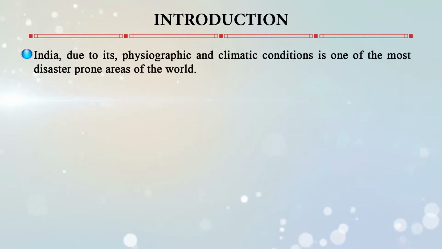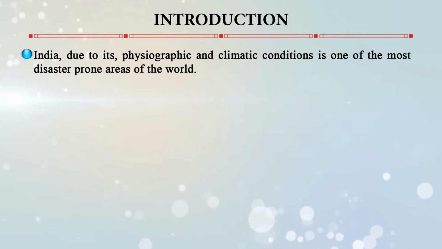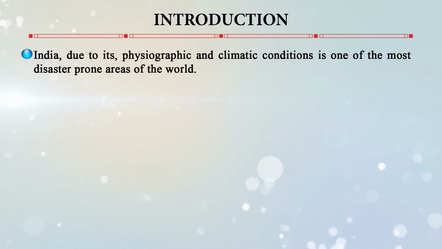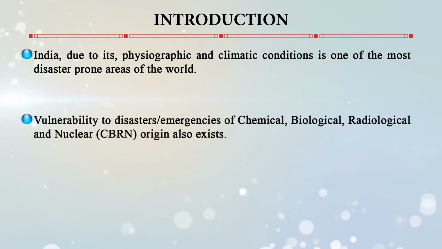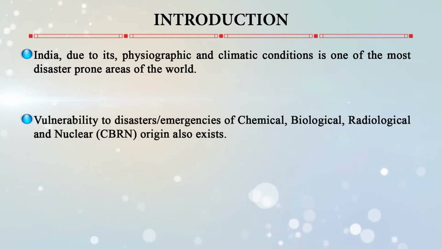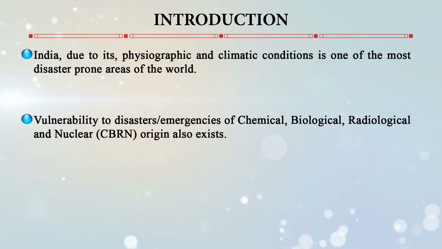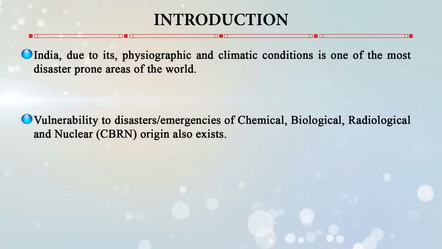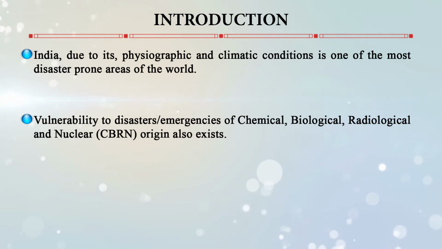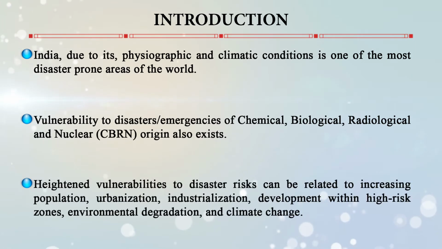India, due to its physiographic and climatic conditions, is one of the most disaster prone areas of the world. Vulnerability to disasters, for example, emergencies of the CBRN, that is chemical, biological, radiological and nuclear. The origins of all these disasters exist. And there are heightened vulnerabilities to disaster risk, which can be related to the increasing population, because we are reaching a very high population in the whole world, and there is increased urbanization, industrialization, and development within high risk zones.